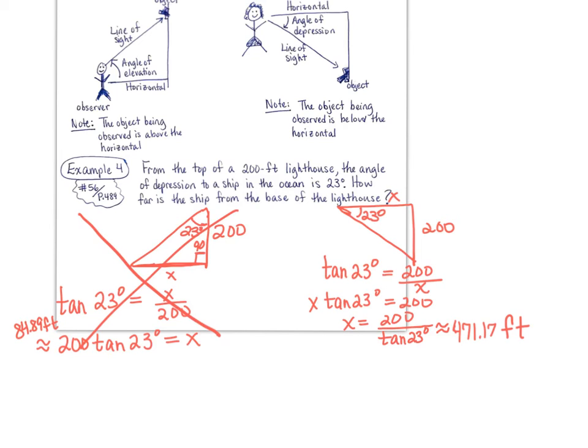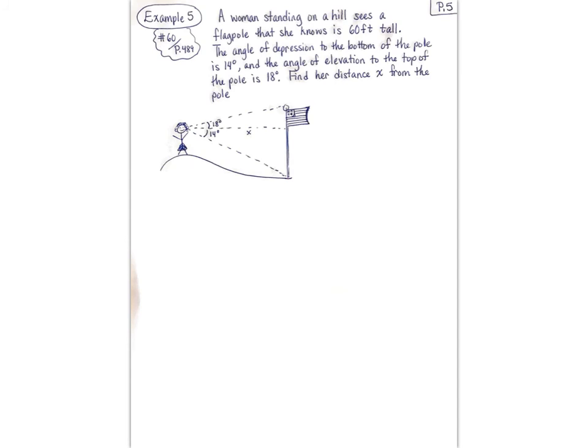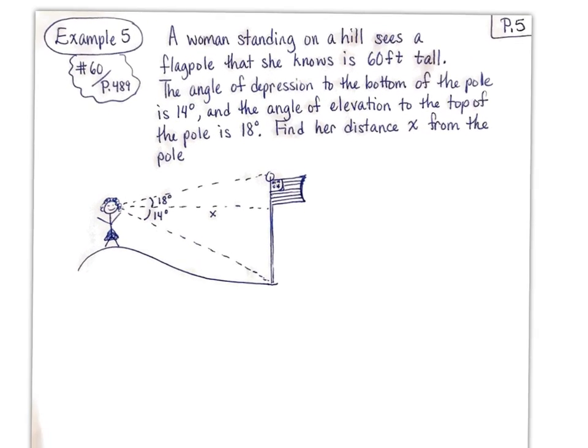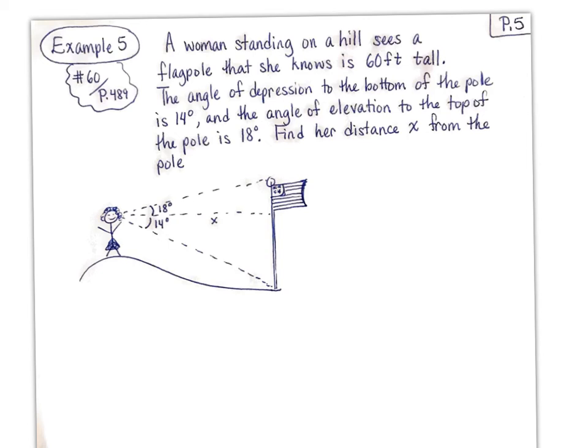Okay, let's look at another example. A woman standing on a hill sees a flagpole that she knows is 60 feet tall. What can we go ahead and fill in? The flag, 60 feet. This is 60 feet. Good. That side is 60.